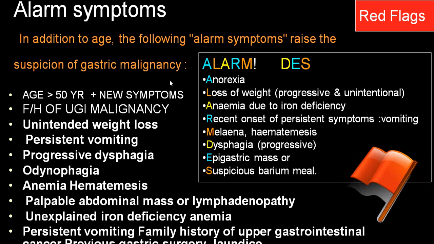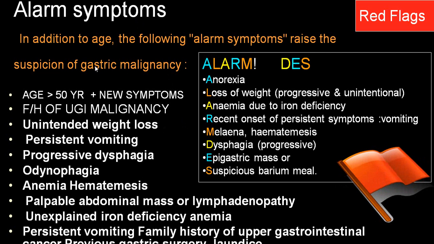There are some alarming symptoms to check before you label it as functional. There's a big list: age more than 50 plus new upper GI symptoms, family history of malignancy, weight loss, persistent vomiting, progressive dysphagia, odynophagia, anemia, hematemesis, abdominal mass, lymphadenopathy, iron deficiency anemia, and jaundice, etc. If you want to remember this way, ALARMS: A for anorexia, L for loss of weight, A for anemia, R for recent onset of persistent symptoms, M for melena and hematemesis, D for dysphagia, E for epigastric mass, and S for suspicious barium meal finding.